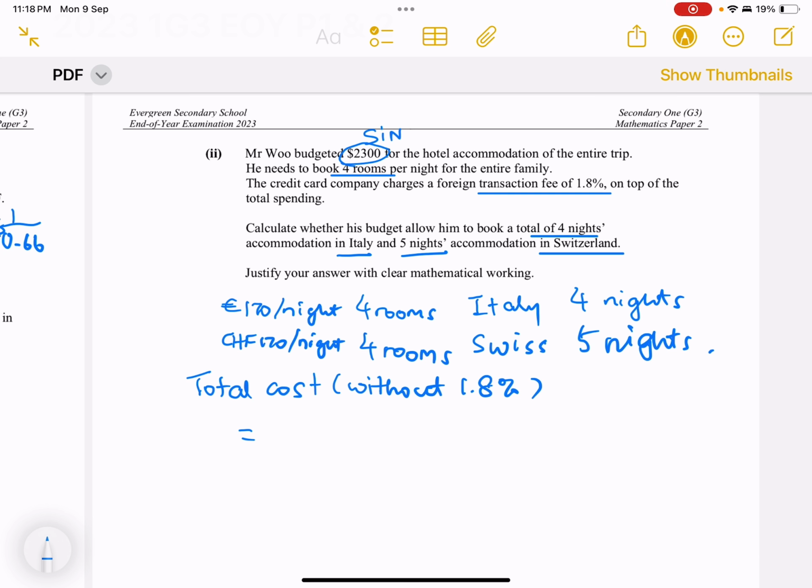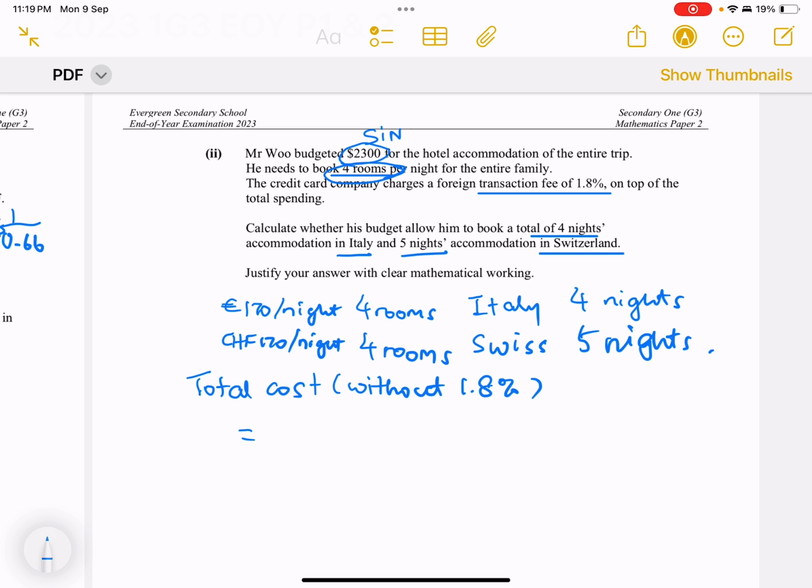All right, so earlier on we see that it is 170 euros per night. So they need a total of 4 rooms, staying for 4 nights in Italy. So we put the details here so that we can calculate.